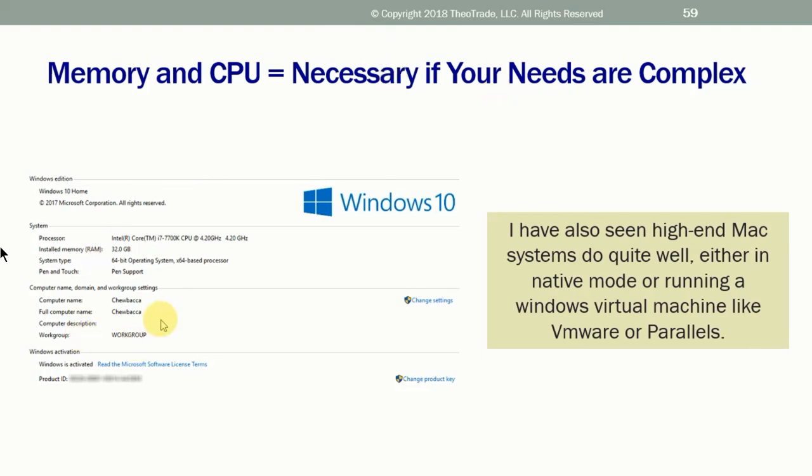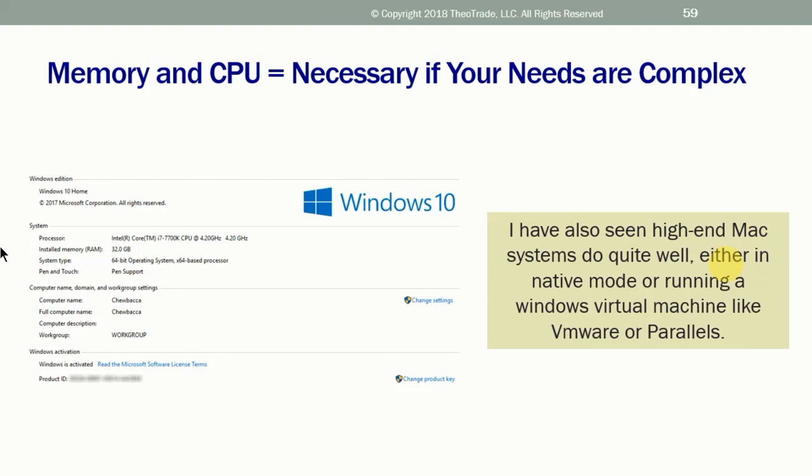These days, not so much. The video cards are so good, the CPUs are so good that it doesn't faze this thing in the least. I've also seen high-end Mac systems do very well using virtual machines. Mac systems are particularly good at becoming a virtual machine and running a Windows instance on it.